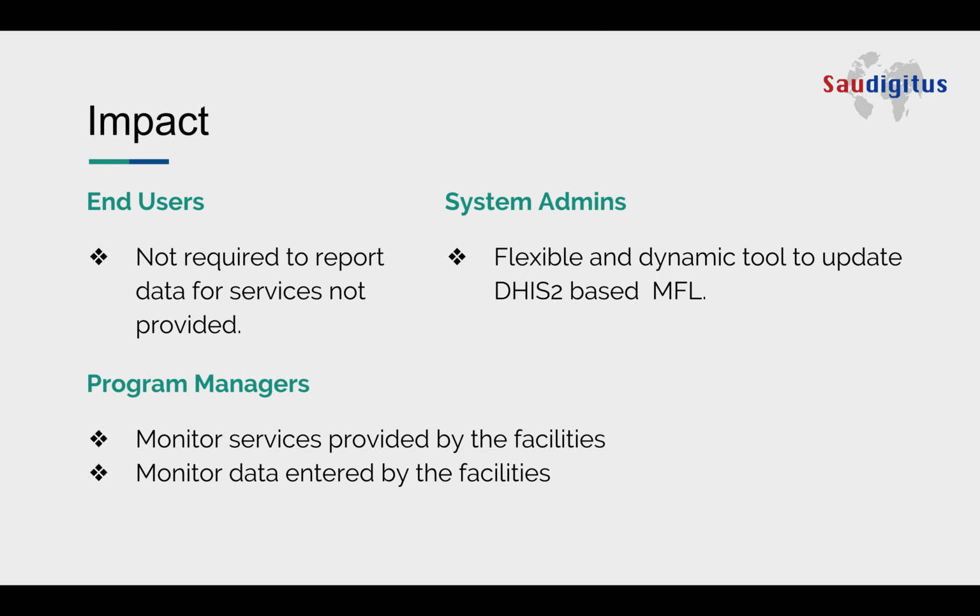For the system admins, they have a flexible and dynamic tool to update their DHIS2 basic master facility list. And the program managers have a better way to monitor the service provided by the facility, and they can also monitor the data entered by the facilities.